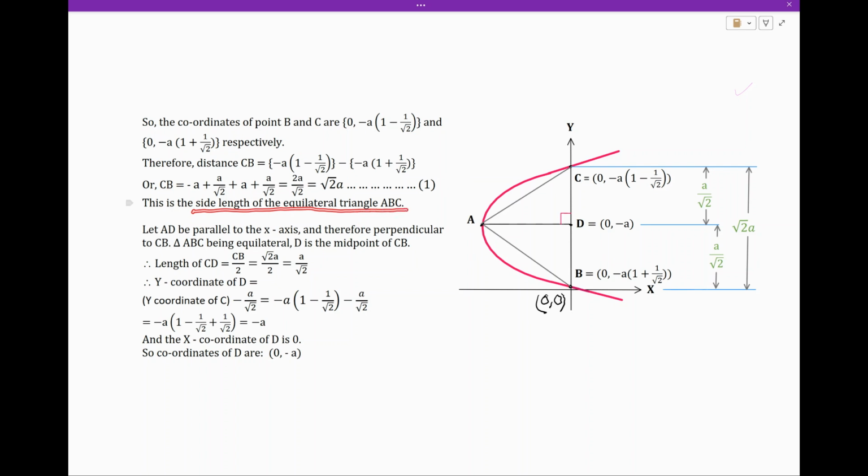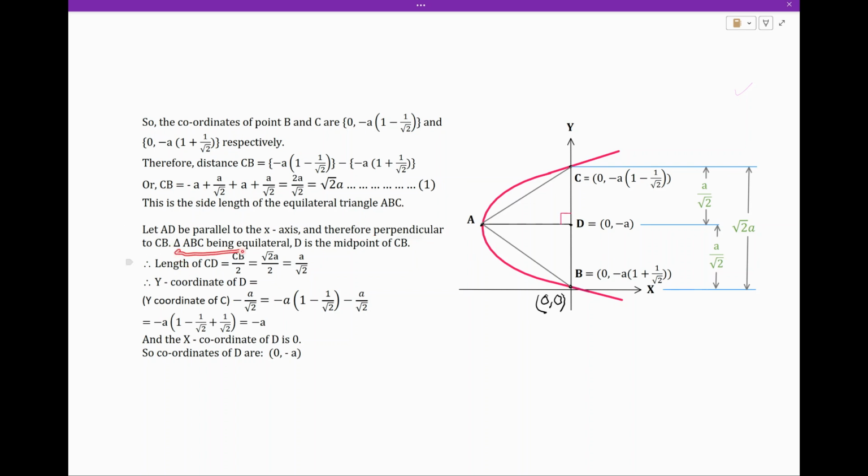It is given that the triangle ABC is an equilateral triangle. So we have found out the side length of the equilateral triangle following one method. Let AD be parallel to the x-axis and therefore perpendicular to CB.